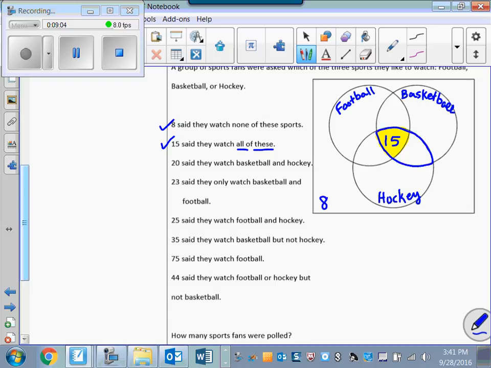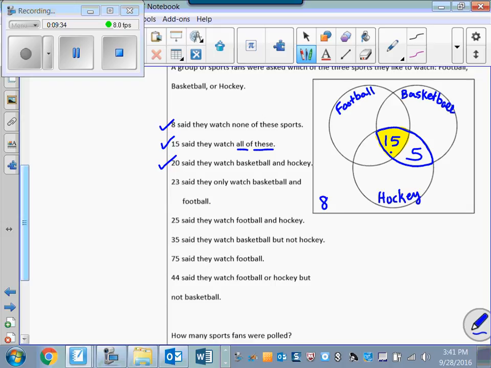That little area that I just colored blue, that's basketball and hockey. So if I've got 20 people who said they do that, well, I've already got 15 of them right here. So that means there are 5 left to go right there. I guess I am going ahead and explaining this as much as I was going to try to stop myself. But don't worry. If you don't understand this, we have many more that we're going to go over in class next time. So no worries. We'll just go ahead and power through this one.